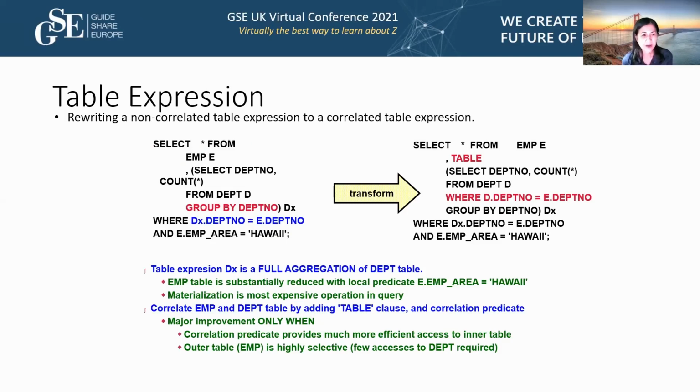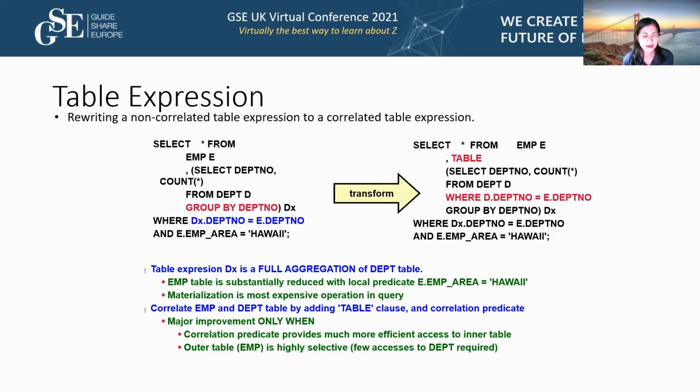In this example, we have a non-correlated table expression. The original query has a non-correlated table expression, table DX. Without the transformation, the table DX is a full aggregation of the department table. There's no filtering on the department table.